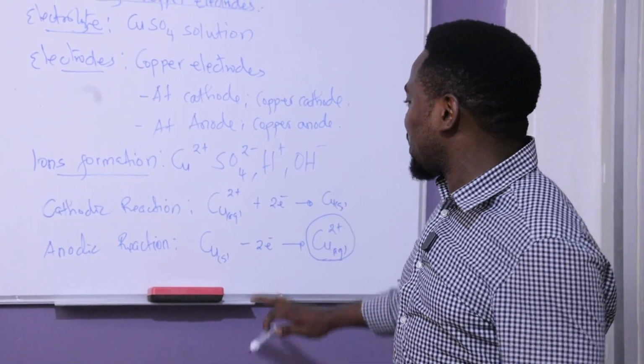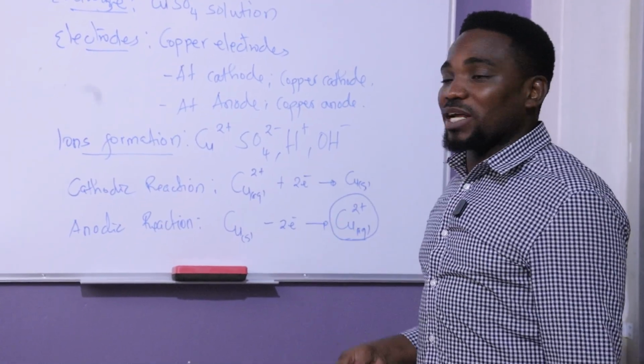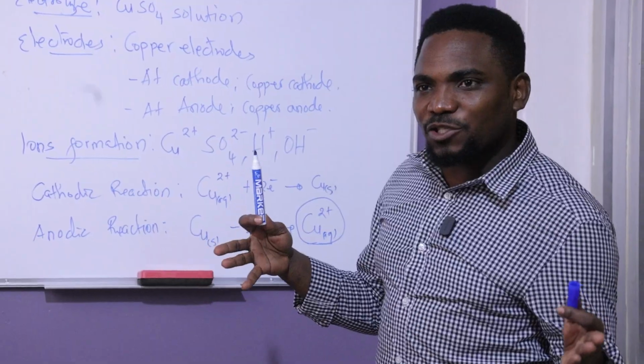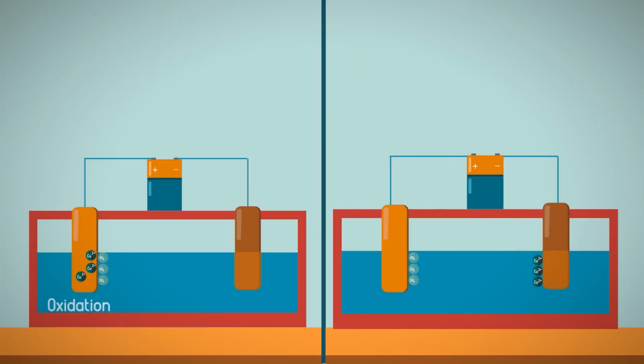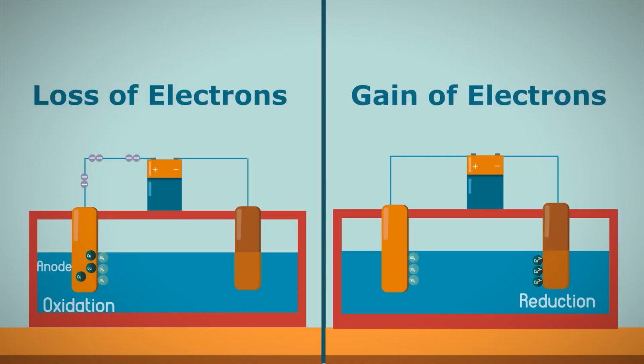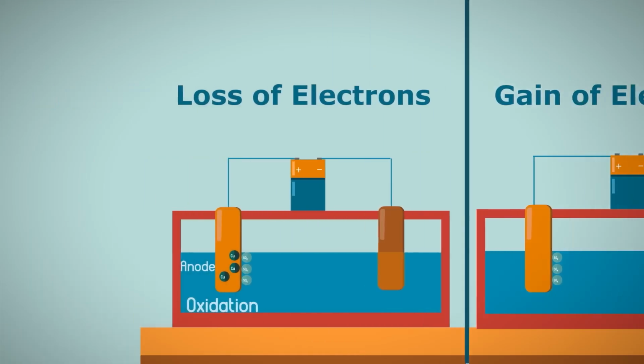The other question that they ask in the same concept is about the mass. Will the mass of the cathode increase or decrease? Will the mass of the anode increase or decrease? That question is very simple. The mass of the cathode will increase because there is the deposition of copper, but the mass of the anode will decrease.